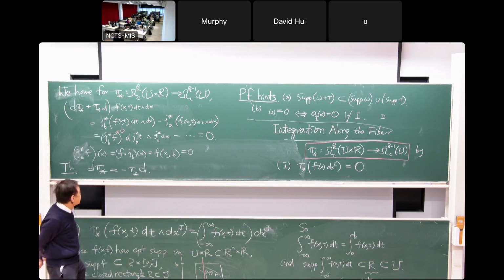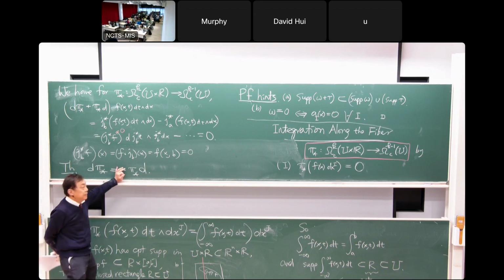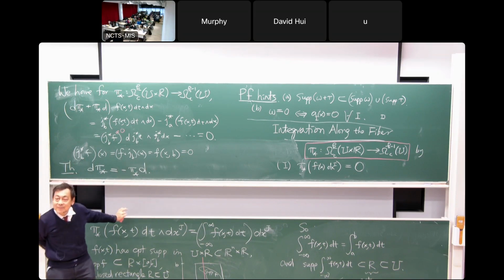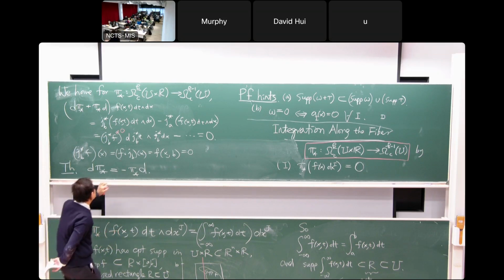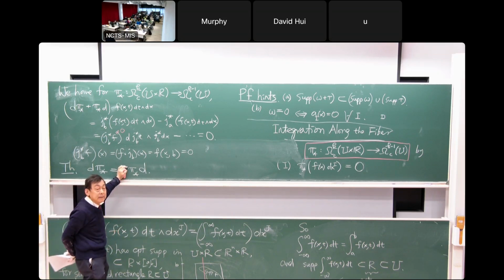What conclusion can you draw from this? If I don't have this minus sign, what would you call that pi star? Say it loud and clear. If pi star commutes with d, it is called what kind of map?